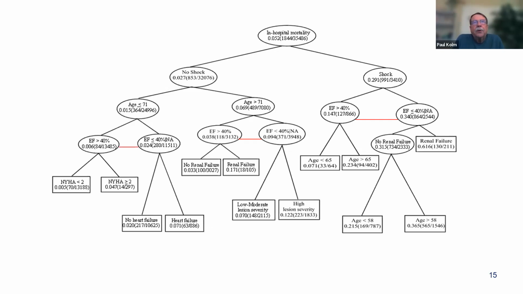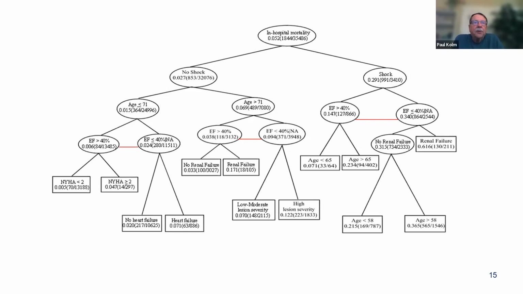And then for those not experiencing shock, the next division in the tree is age, and age in this case splits at 71. So for those greater than 71 years of age, 6.9% die in hospital, whereas those less than 71, only 1.5% die.